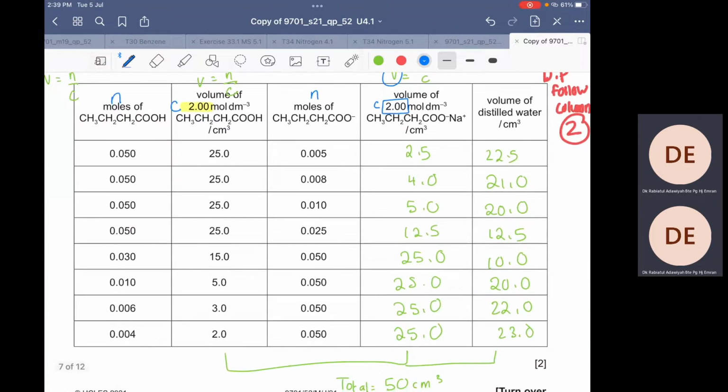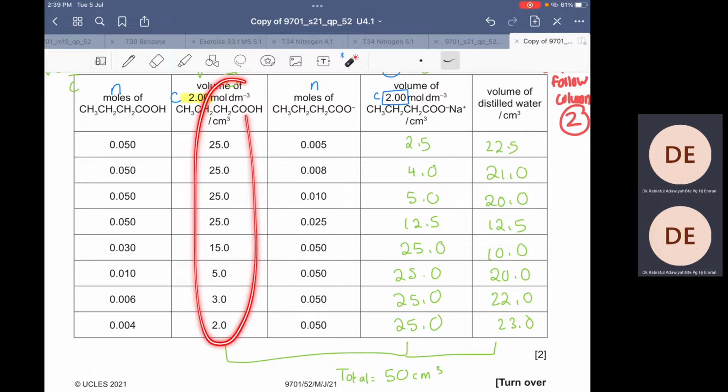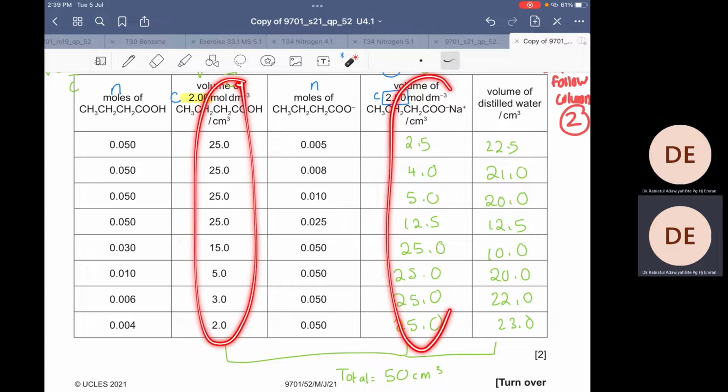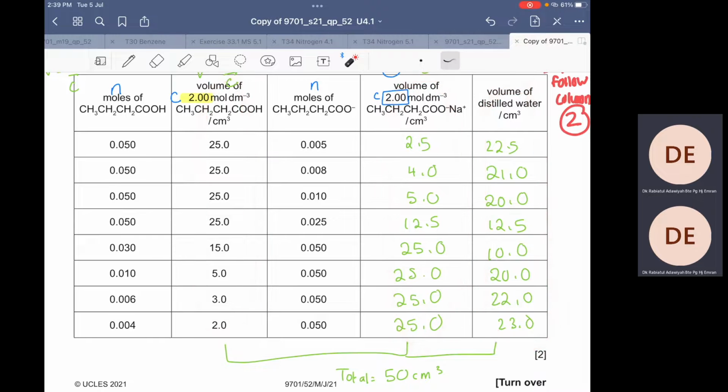For the volume of distilled water, I have to make sure that the total volume of the acid, ethanoate ion, and distilled water is 50 cm³. So I take 50 minus 25 minus 2.5. The rest will be water.